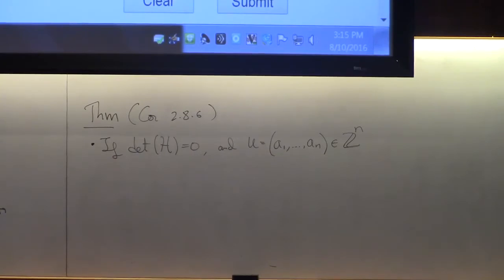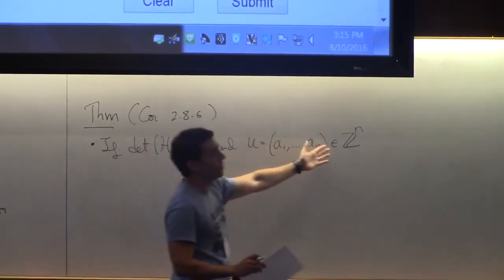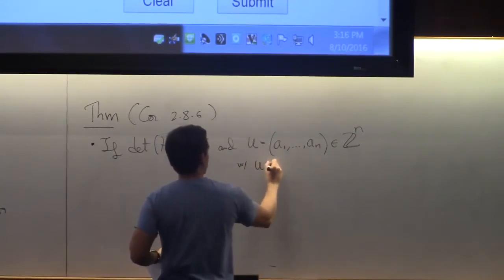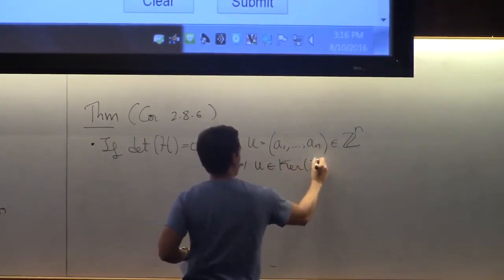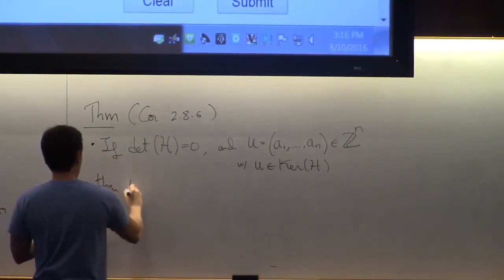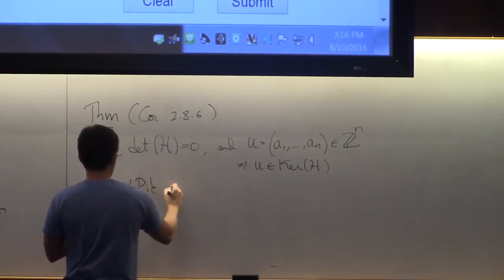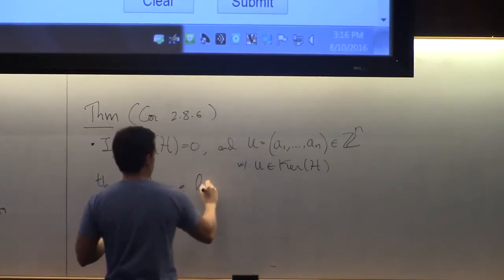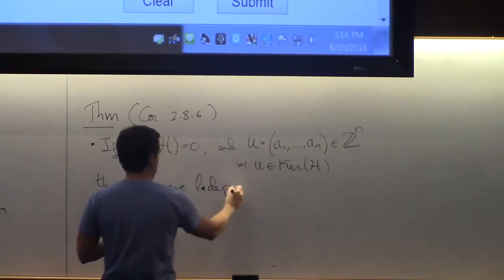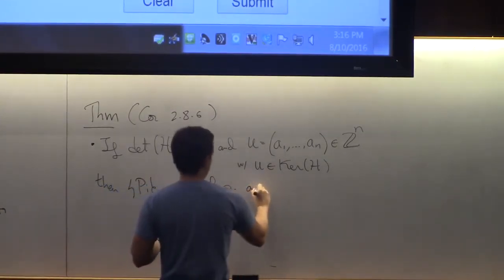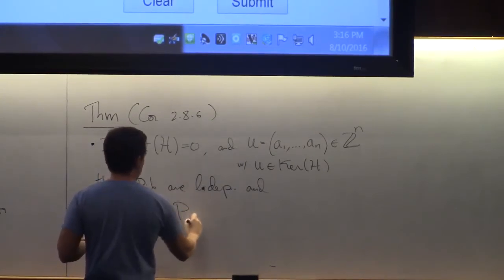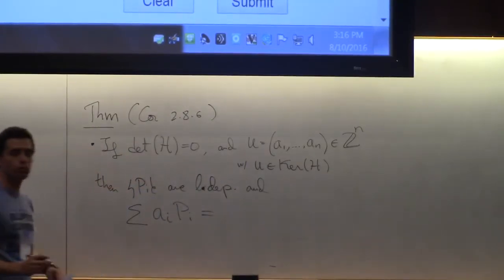But if somehow you have a vector that is integral in the kernel, then your points are linearly dependent, and the sum of AI times PI is equal to what?